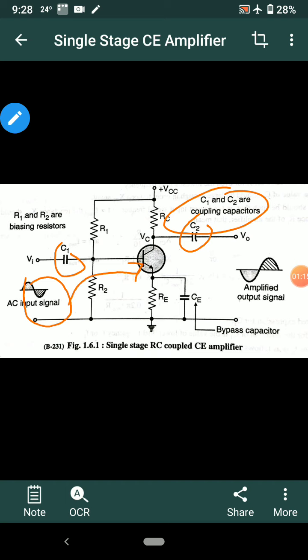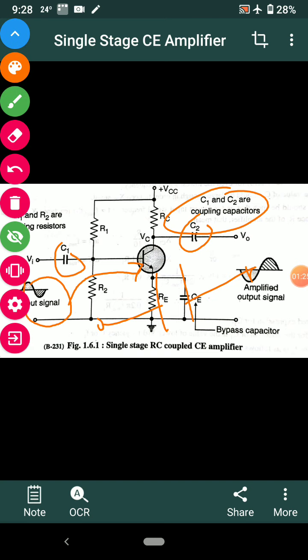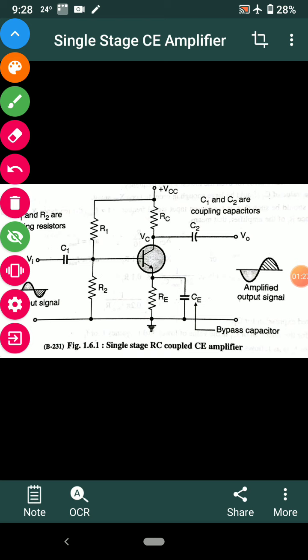For this purpose, coupling capacitors are used. Another main function of the coupling capacitor is, you know about the capacitor: it blocks AC and passes DC. For this purpose, capacitors C1 and C2, the coupling capacitors, are used.